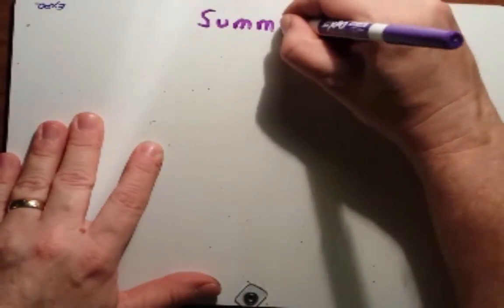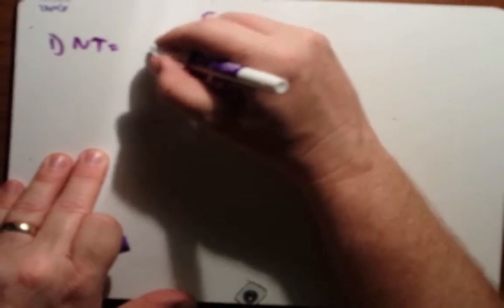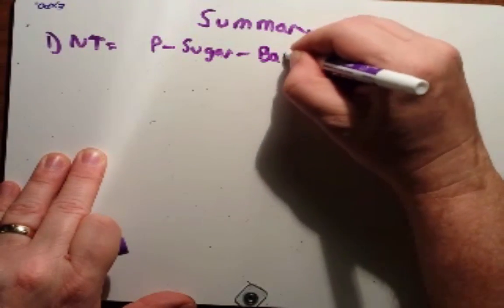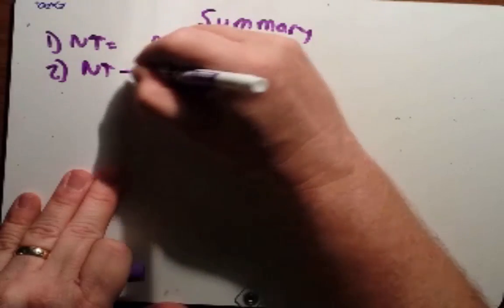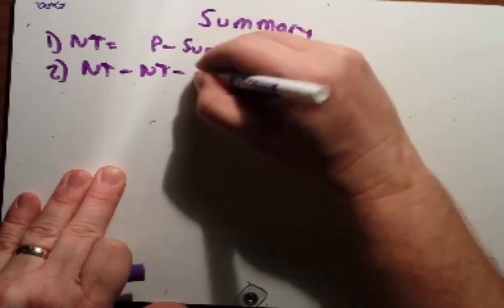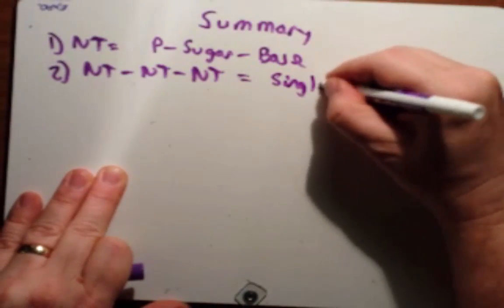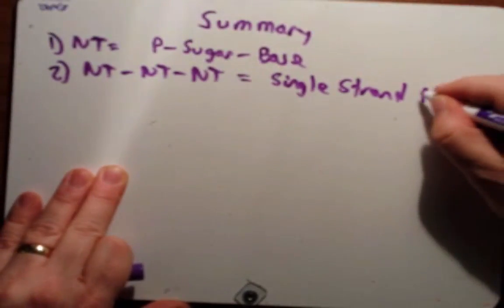So let's summarize real quick what you learned from this podcast. You learned that nucleotides, NT for short, are made up of a phosphate group, a sugar, and a base. You learned that when we string these nucleotides together, we form a single strand of DNA.